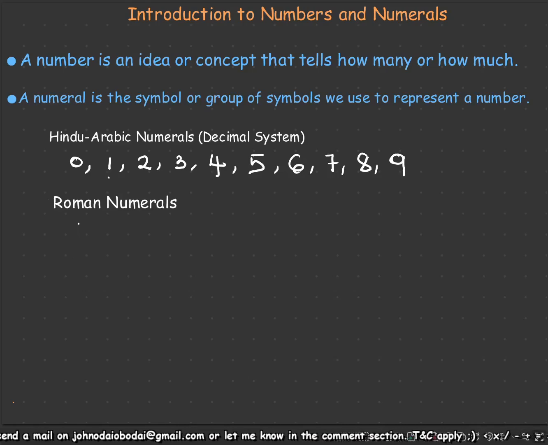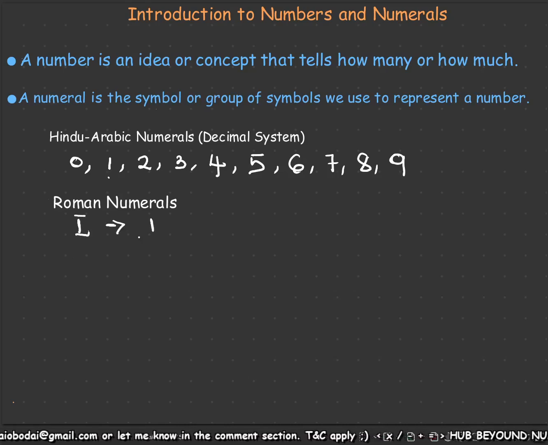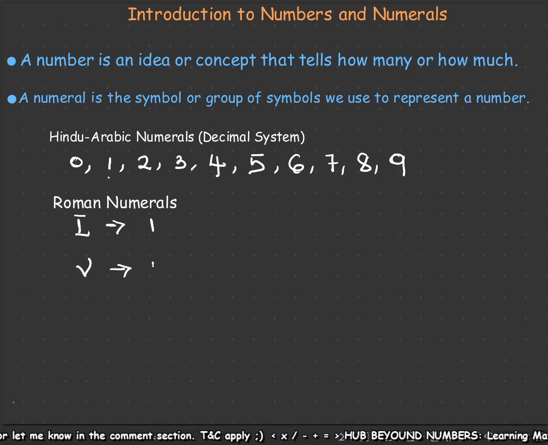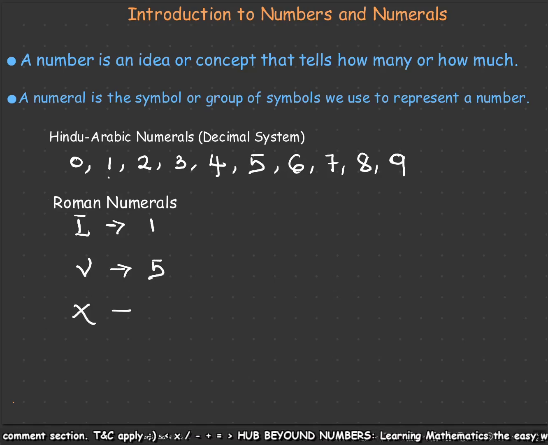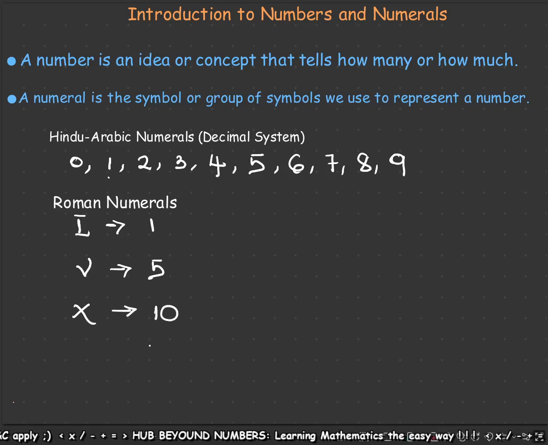You have I, which represents 1. Then you have V, which represents 5. Then you have an X, which would represent 10. I'm giving you the basic ones. It is from this that there are laws that will govern how you form other numbers.